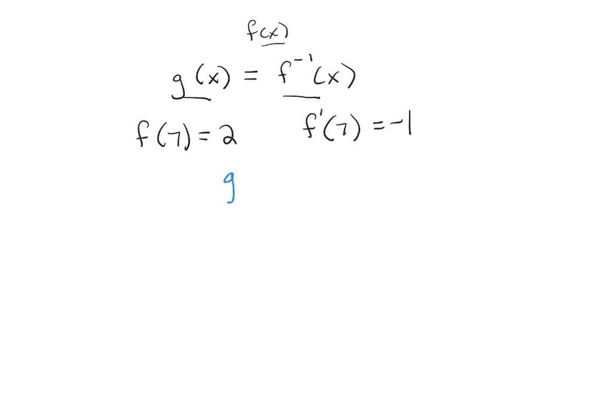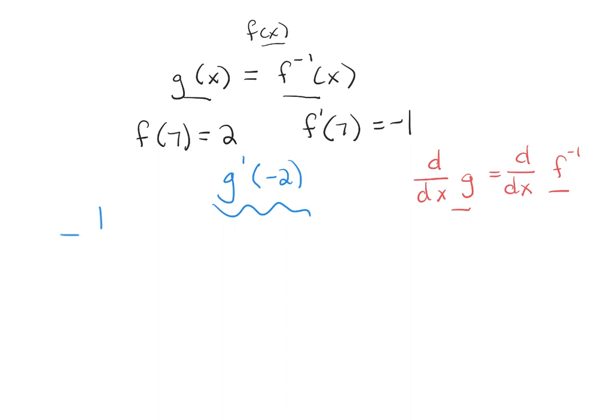The question is, I want to find the derivative of g at -2. So what is the derivative of g? Well, it's going to be the same as taking the derivative of f inverse, because g is the inverse of f. Every time, I always write down that rule: 1 over f prime of f -1 of x.